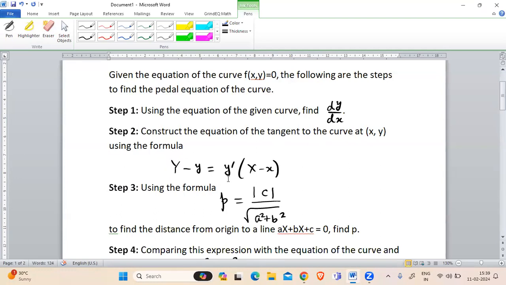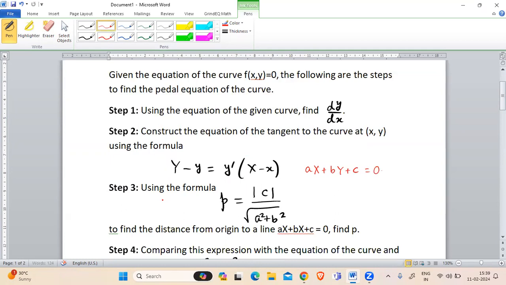In this, substitute dy/dx and rewrite the equation of the tangent to the curve in the form aX + bY + c = 0.